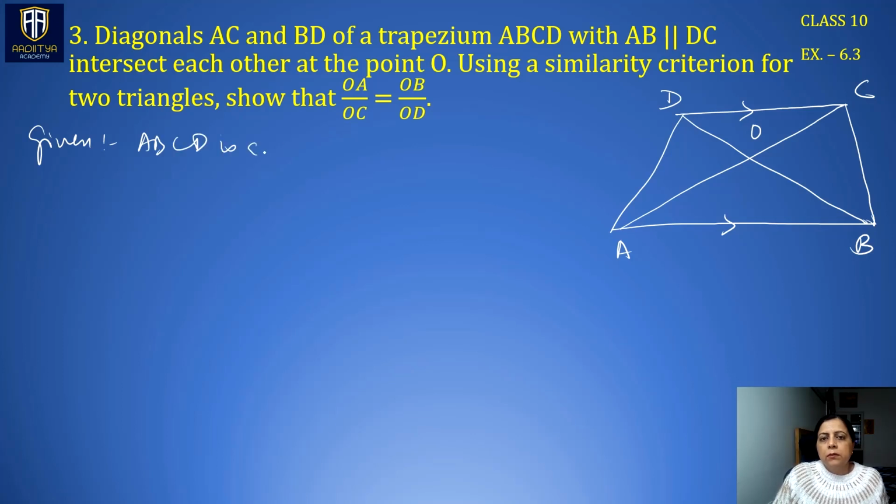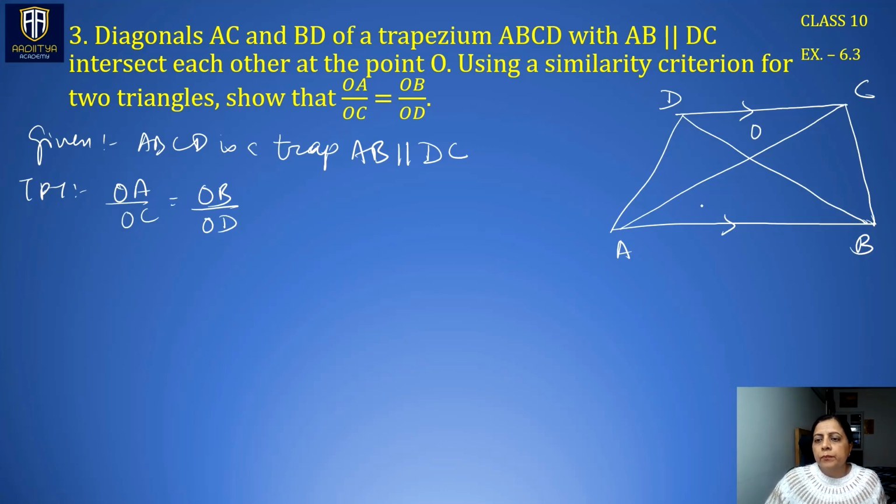ABCD is a trapezium in which AB is parallel to DC, right? We have to prove OA upon OC is equal to OB upon OD. We have to use the similarity criterion, not BPT.